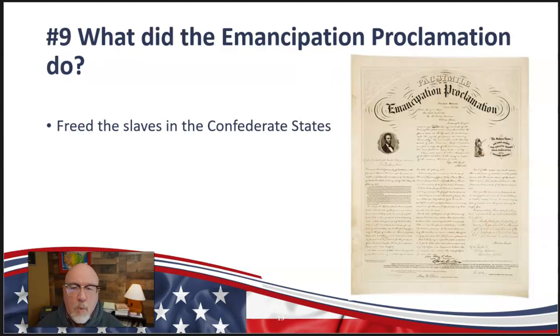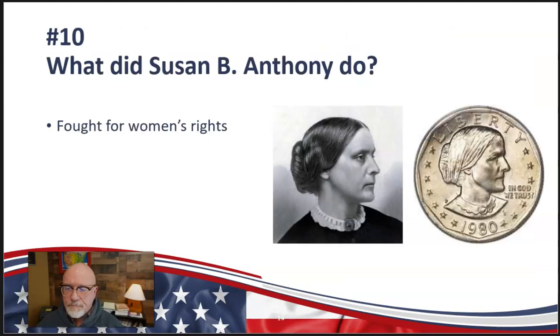Number 9, what did the Emancipation Proclamation do? And it freed the slaves in the Confederate States. So the word emancipate means to set free, and emancipation then means the process of setting free. And so the Emancipation Proclamation set free the slaves in the Confederate States.